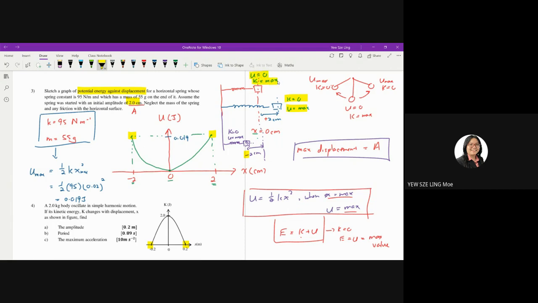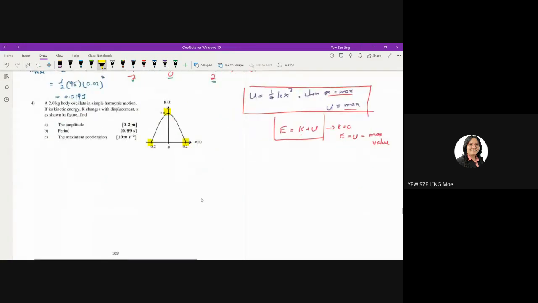At the y-axis, our equilibrium position, U equals 0, but in the K against x graph we have maximum kinetic energy. So kinetic energy and potential energy have inverted graphs. That is because of the conservation of energy.